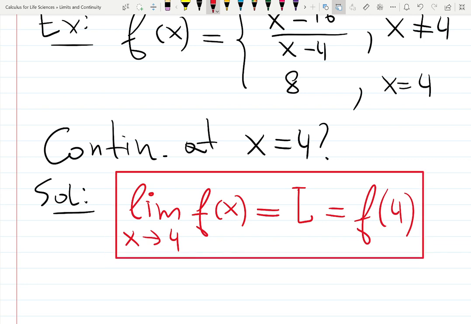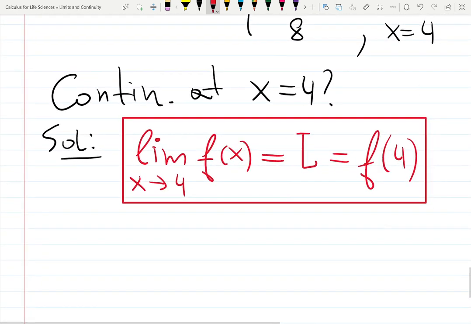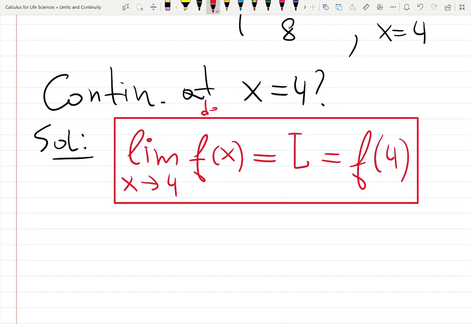No hole, so no jumps, no infinities coming from the left-hand side, and no holes coming from the right-hand side. This is the definition of continuity. This is something you're supposed to remember. So that's what we need to check: if the limit of f of x as x approaches 4 equals f of 4.